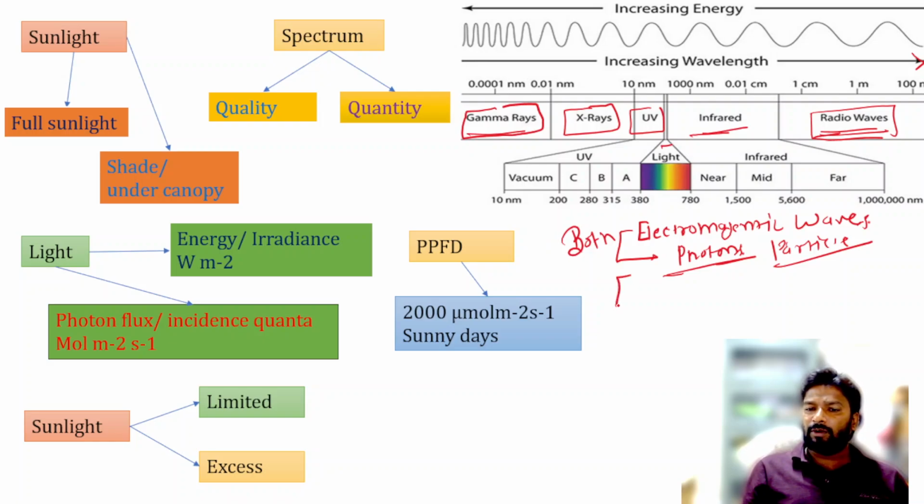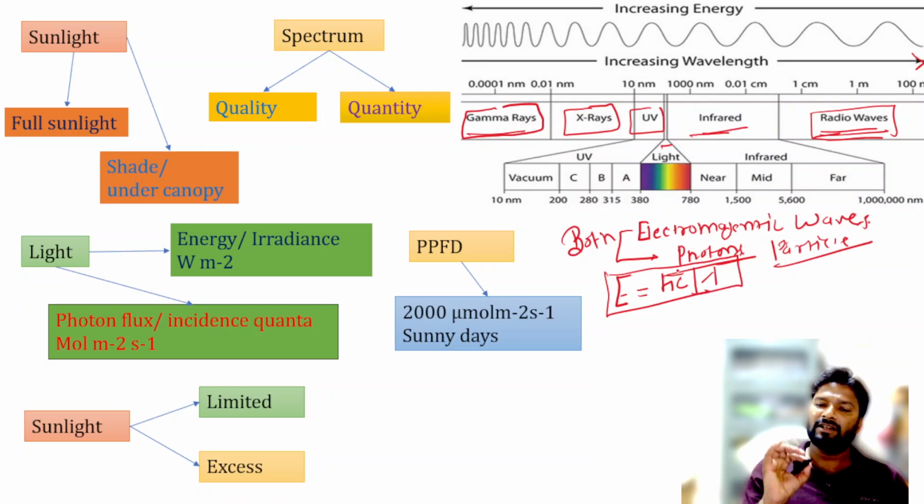So you know that the energy is inversely proportional to the wavelength. This is the very well-known formula in physics that the energy is inversely proportional to the wavelength. So when we go from the gamma rays to the radio waves, there is an increase in the wavelength and decrease in the energy.